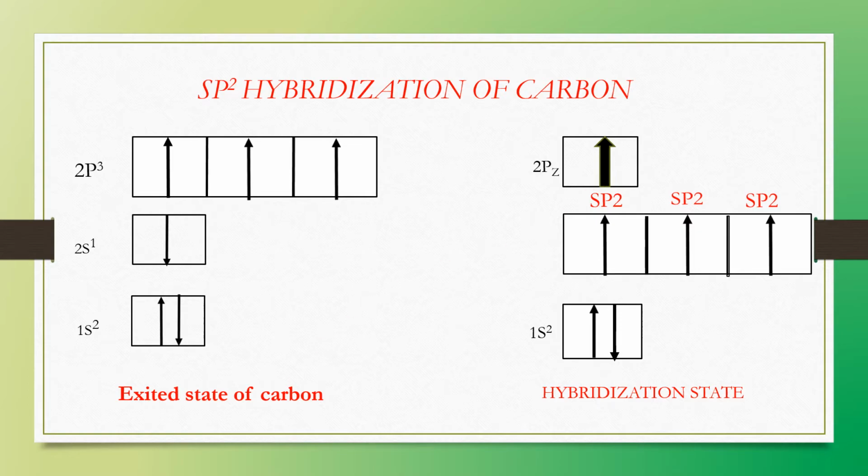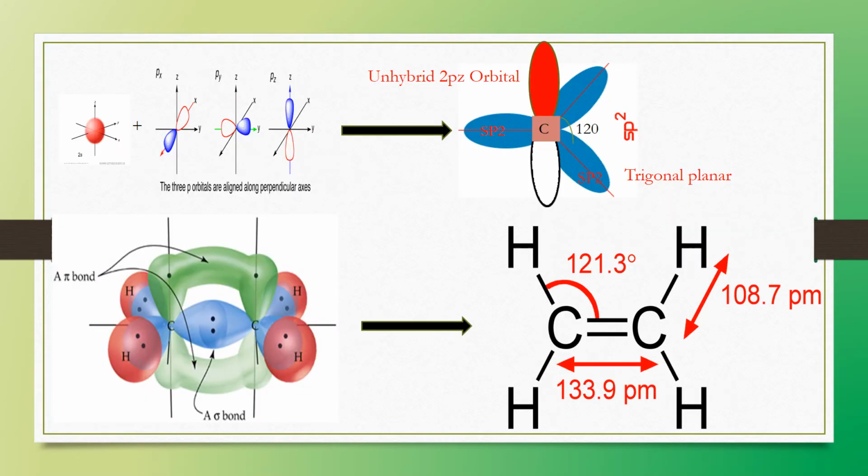Next, let us consider the orbital overlap in sp2 hybridization.